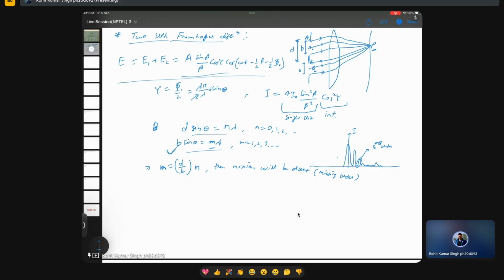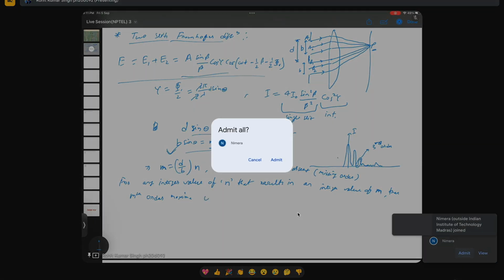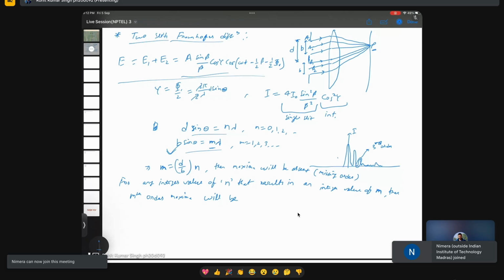Now this means that for any integer value of n that results in an integer value of m, the mth order maxima will be missing.